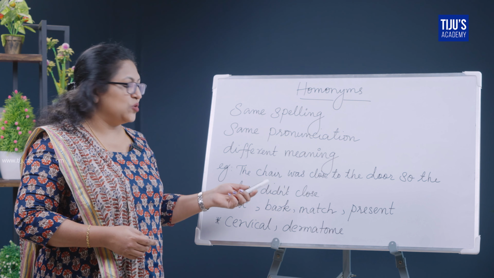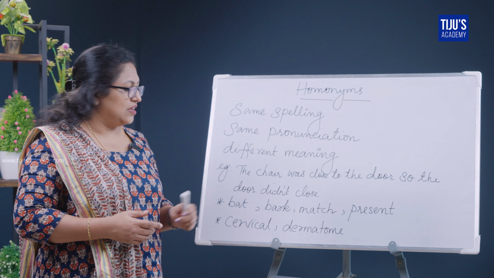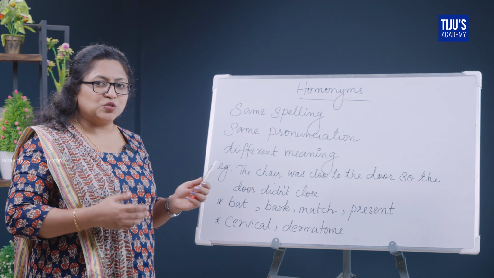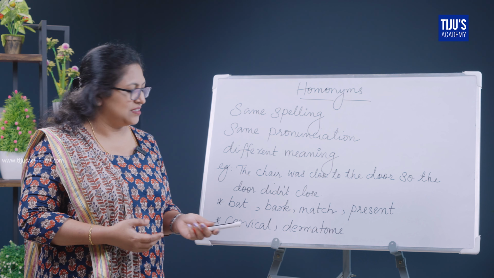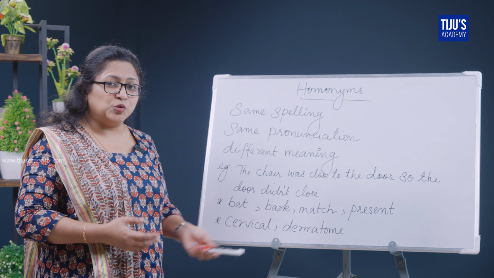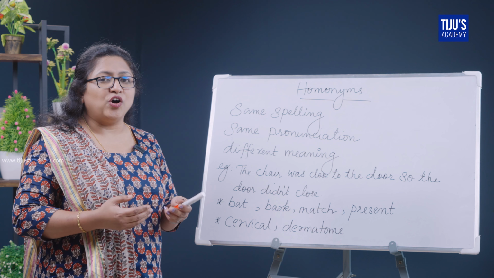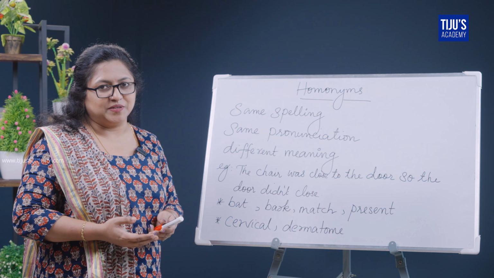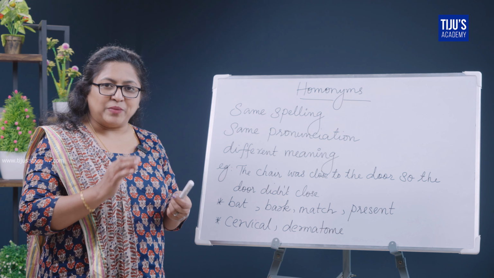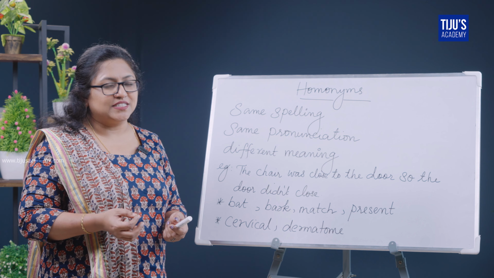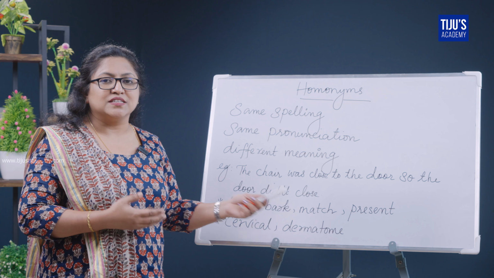Okay, let's look at some other examples. Bat. This could be a sports bat or it could be the mammal bat. Bark. It could be a dog's bark or it could be bark of a tree. Match. Match could be a matchstick which you can light or it could be a match that is a game.